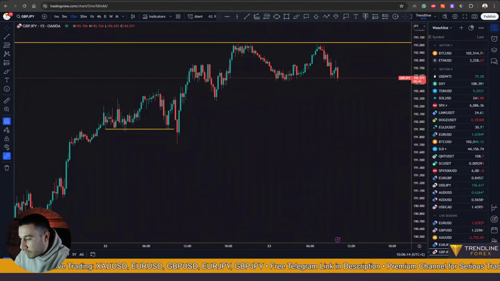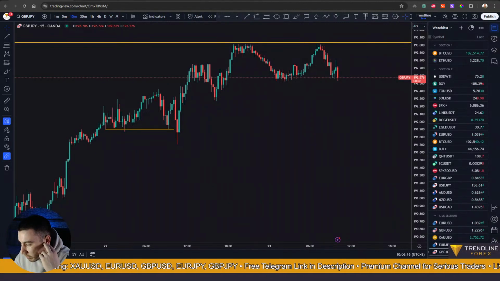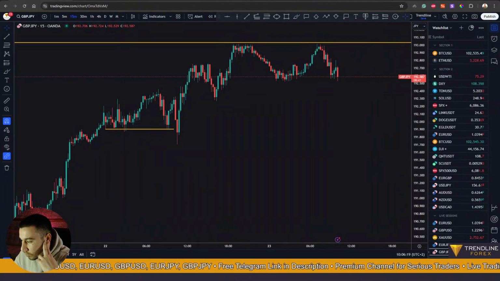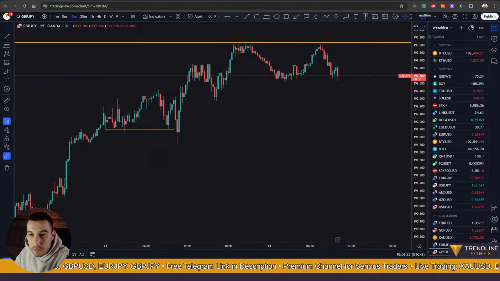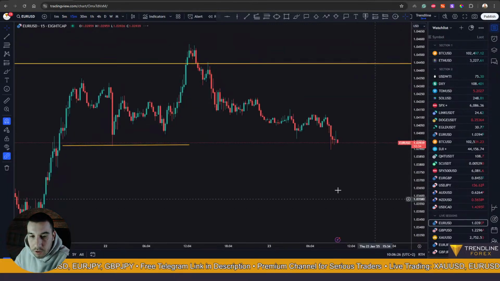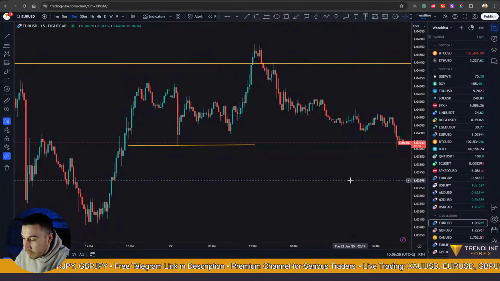On euro dollar, I'm expecting to go down to 1.0378 and look for buys. Okay, let me check out those levels, and high impact events, by the way.